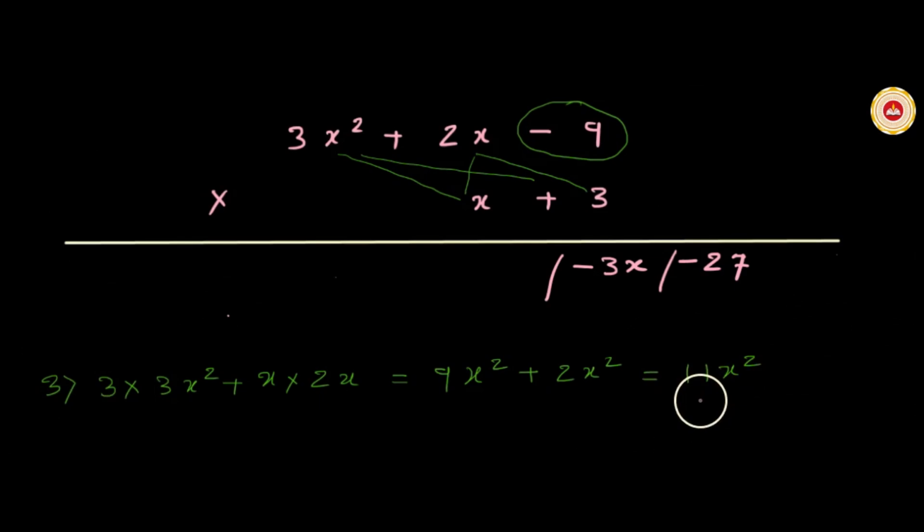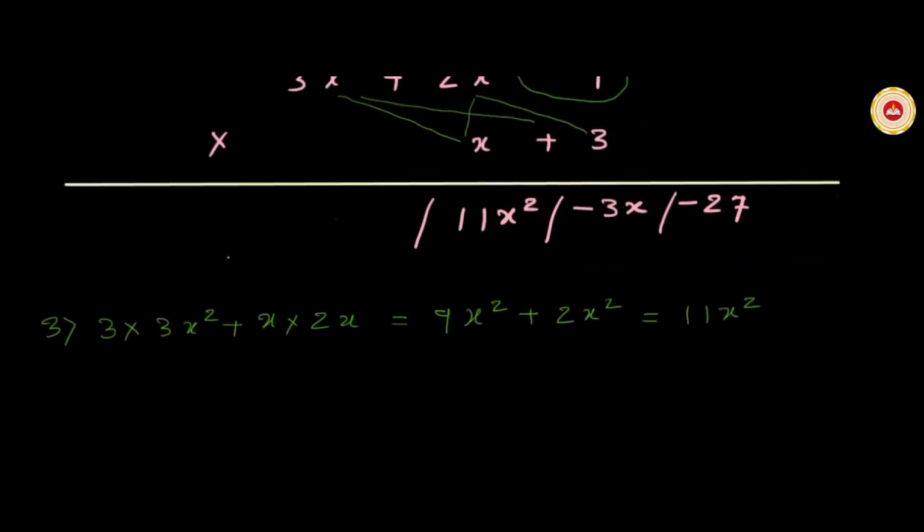So 11x squared is the answer of step number 3. Write 11x squared in the third part, draw a slash. Now the fourth step. What is the fourth step?